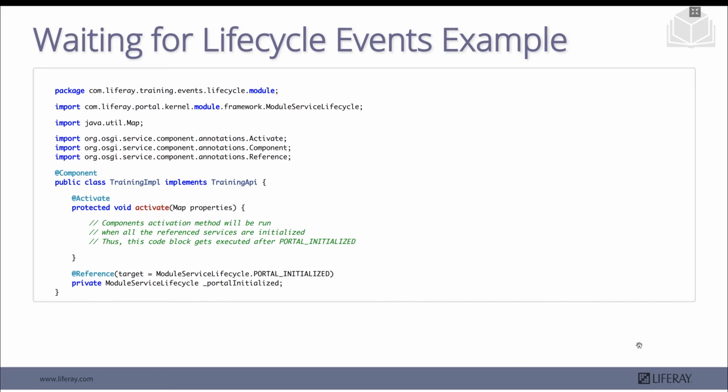Component annotation as is, that's all done. Down here towards the bottom, we are going to work with this portal initialized service object based off of the module service lifecycle interface. Using a property with the @Reference annotation, we're specifically going to be working with the portal once it's initialized.